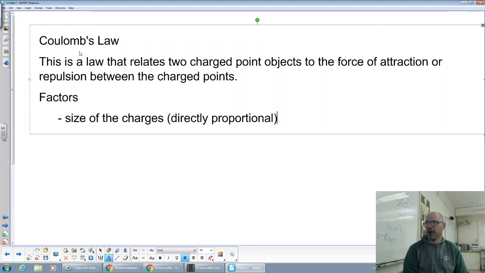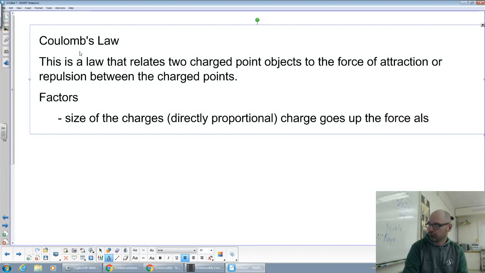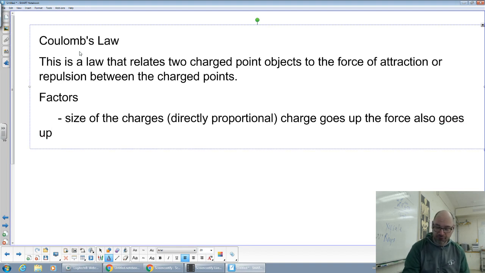If you have charges, it is proportional. As charge goes up, the force goes up. That's the first thing that he found.